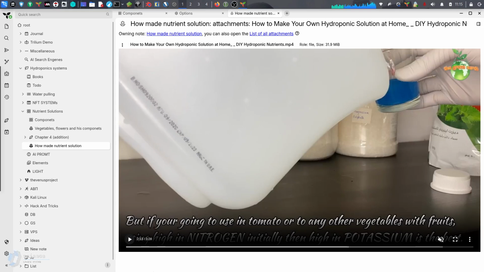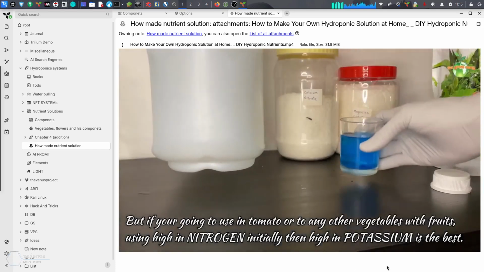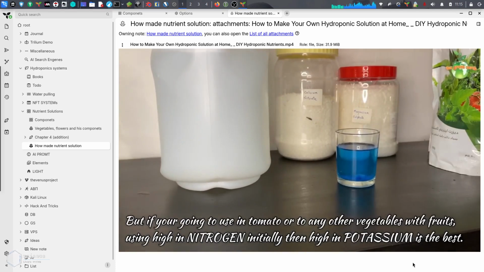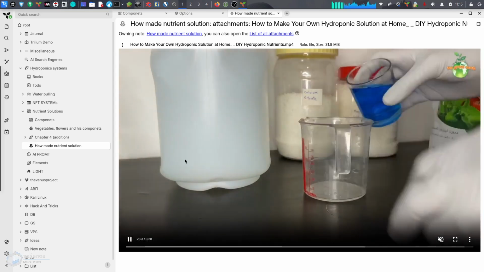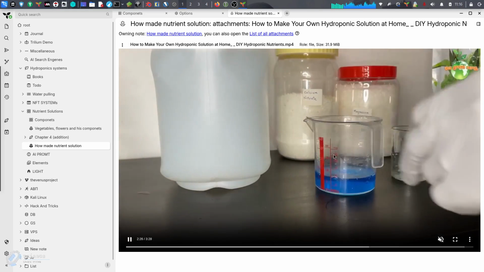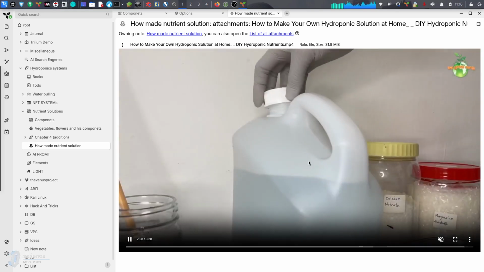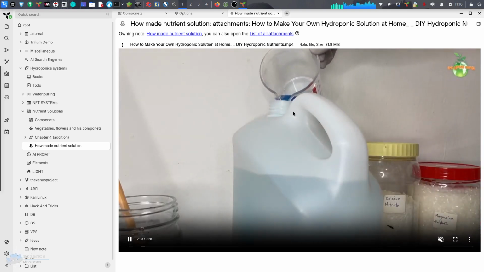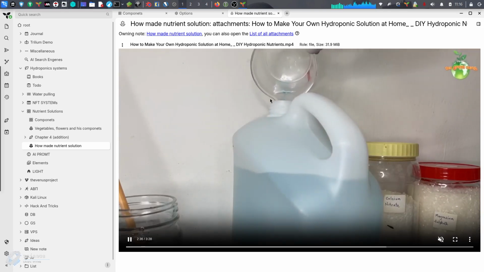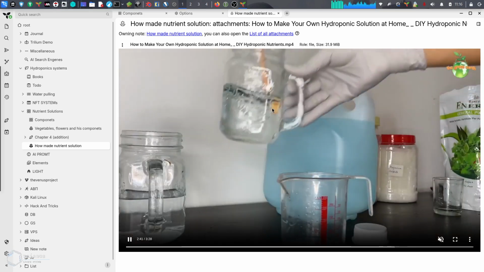But if you're going to use it on tomato or any other vegetables with fruits, the phosphorus and potassium mix is the best. See, it's water or a mixture, I don't know. Water. And it is added into a water bottle. And this calcium nitrate and magnesium sulfate are added in the bottle.